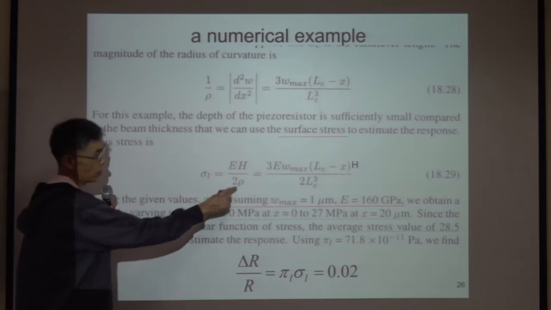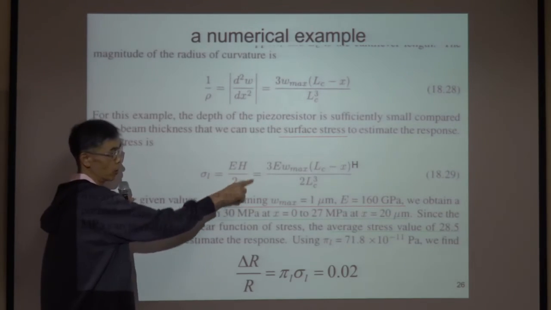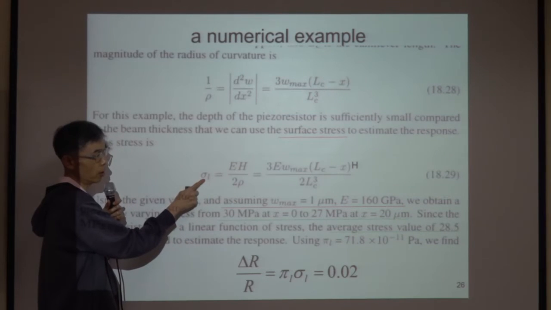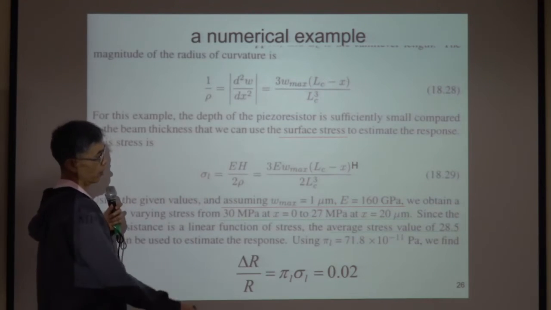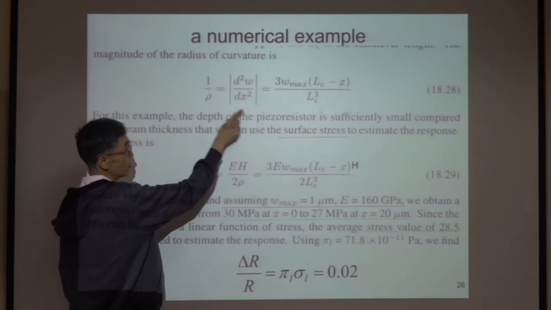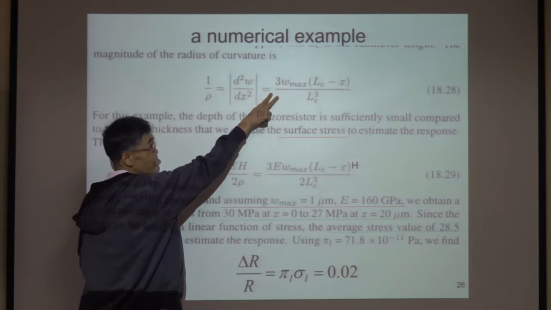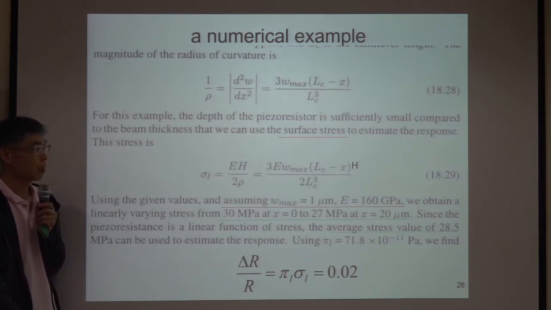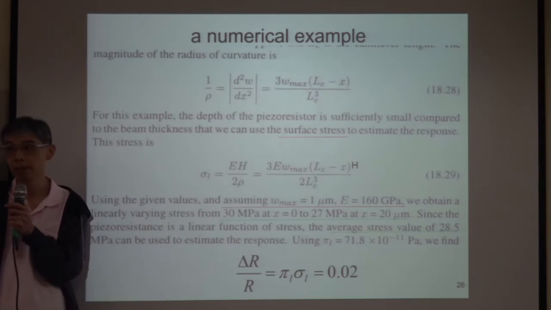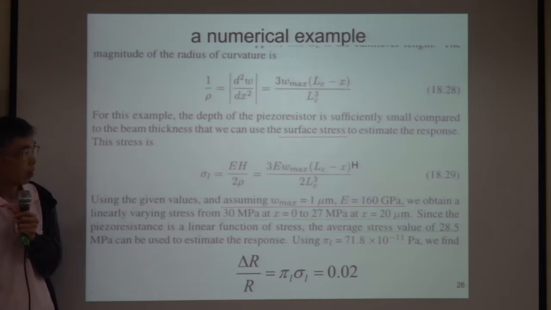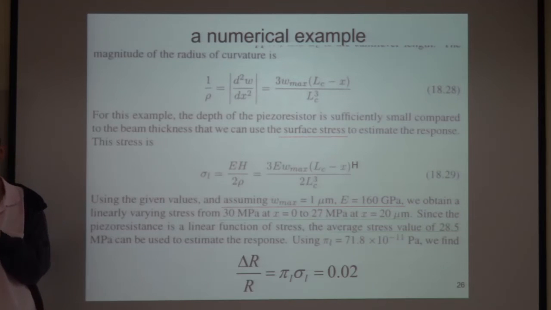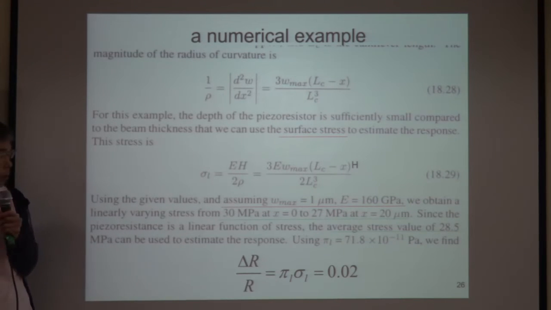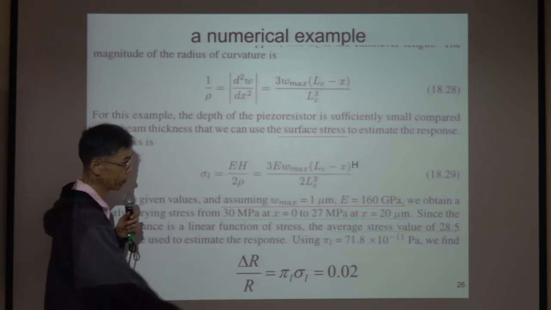Okay, because Z is 0, so we use this equation to calculate sigma L. And you got 1 over rho here already. So you plug this result into this equation, you can get the sigma L at the top surface. But remember, the length of the piezoresistor is 20 micro.